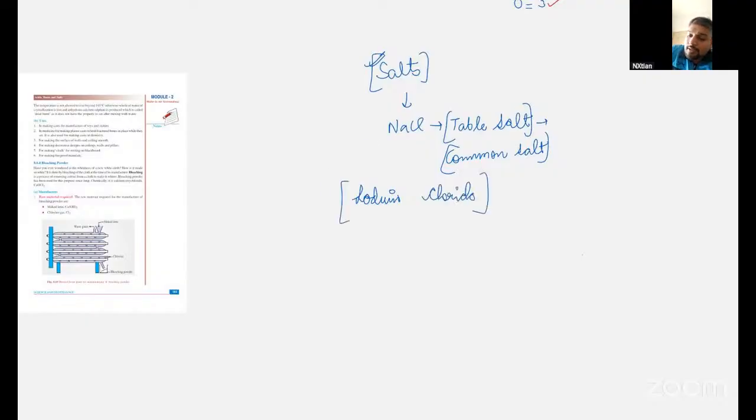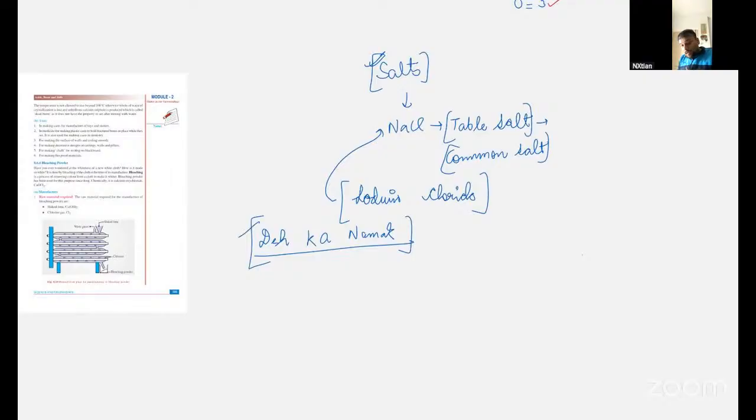NaCl is called sodium chloride. I'll write this also: Desh ka namak, Tata namak. So we know that this NaCl is there.